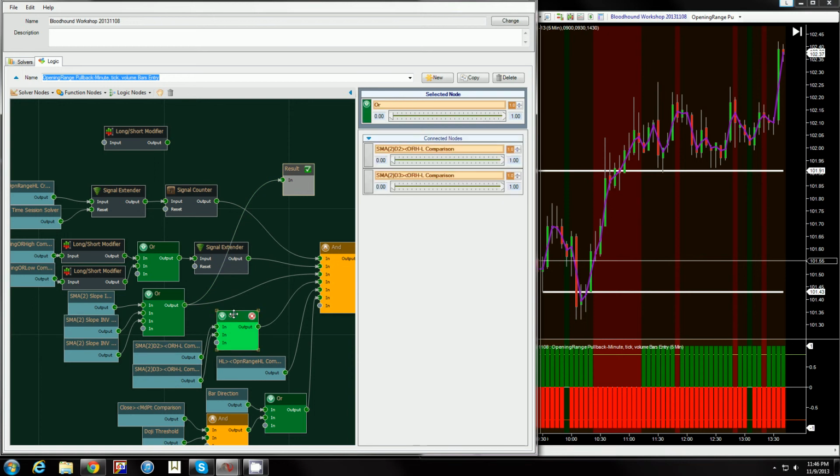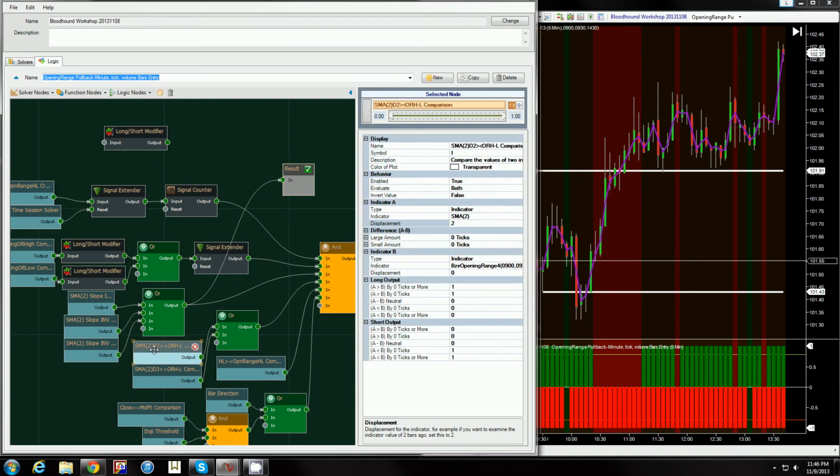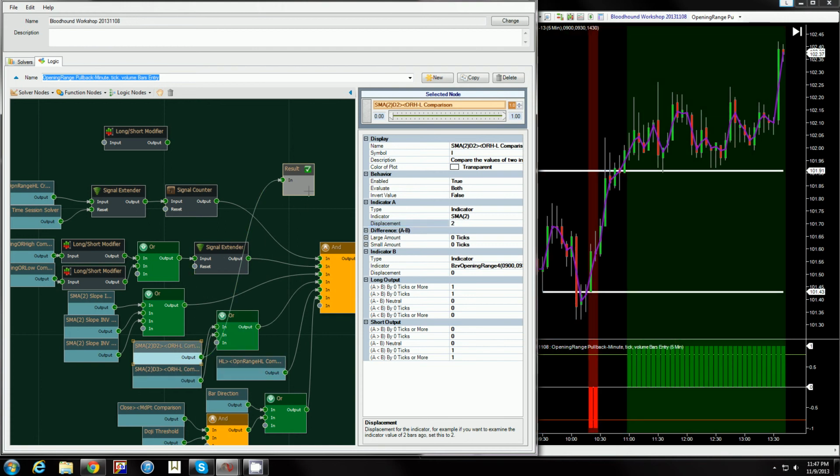And then this condition. This is saying the SMA 2 period of 2 bars ago was above the opening range high for a long, or below the opening range low for a short.